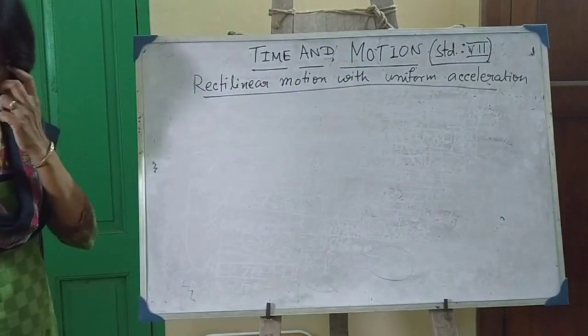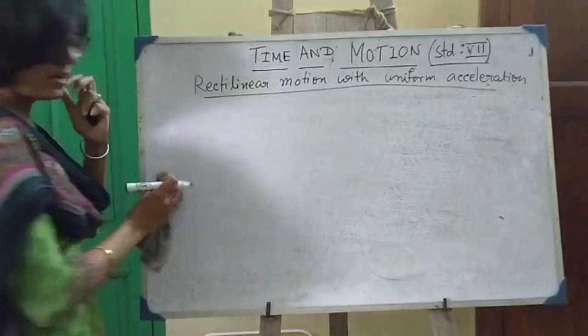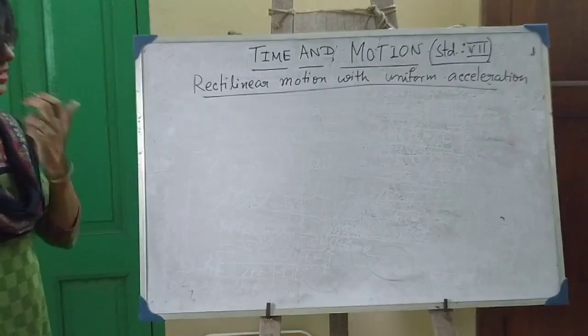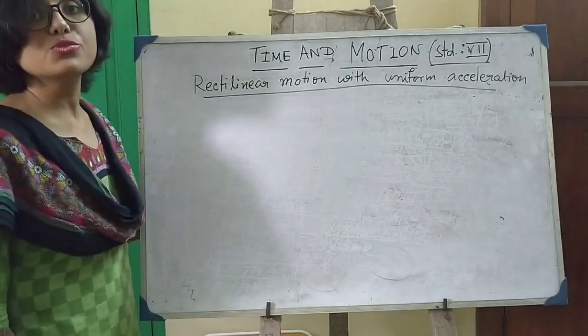Rectilinear motion with uniform acceleration means, we have already done what is rectilinear motion. Rectilinear motion means a body is moving in a straight line.